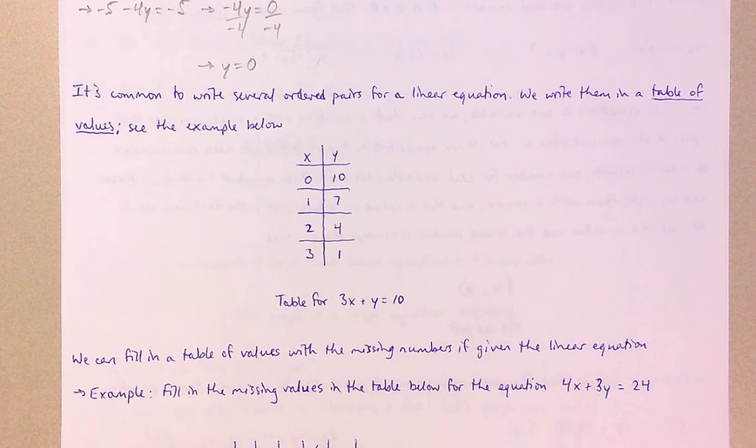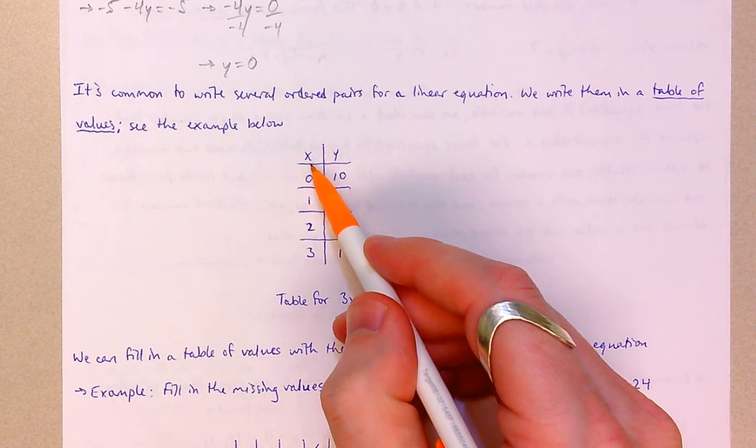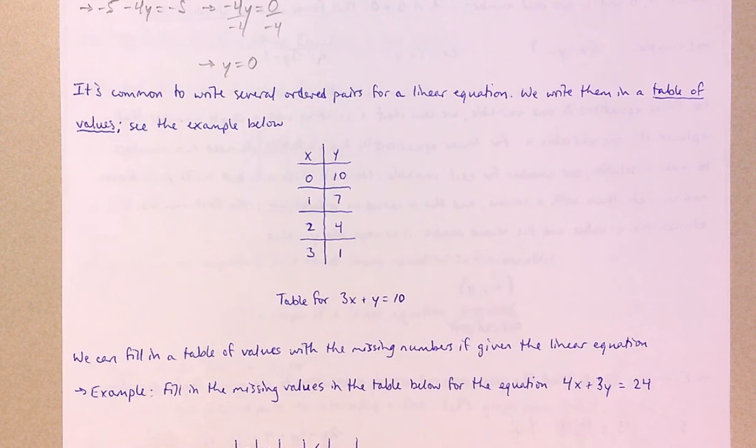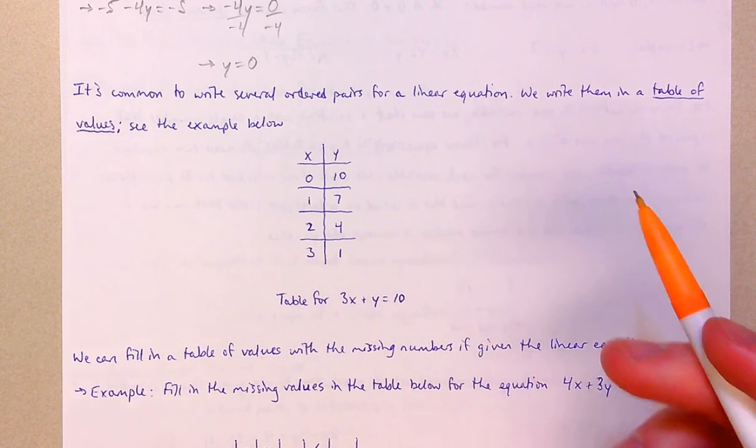This, as I would guess, is probably not going to be brand new for many of us, if any of us. We have two columns. They're labeled x and y up at the top. And then you have some x values and some corresponding y values.